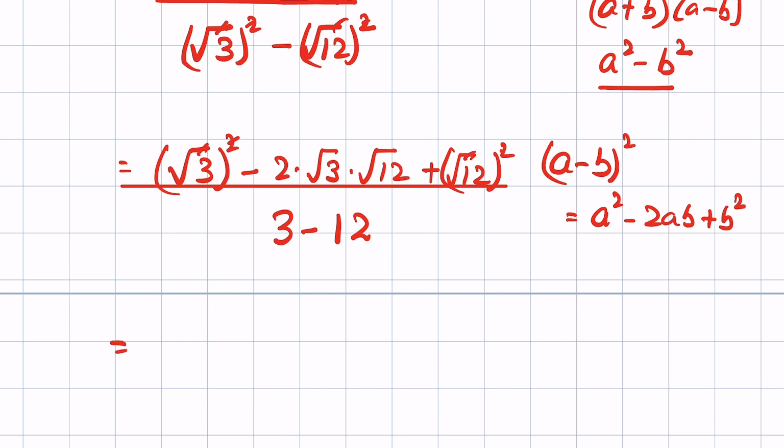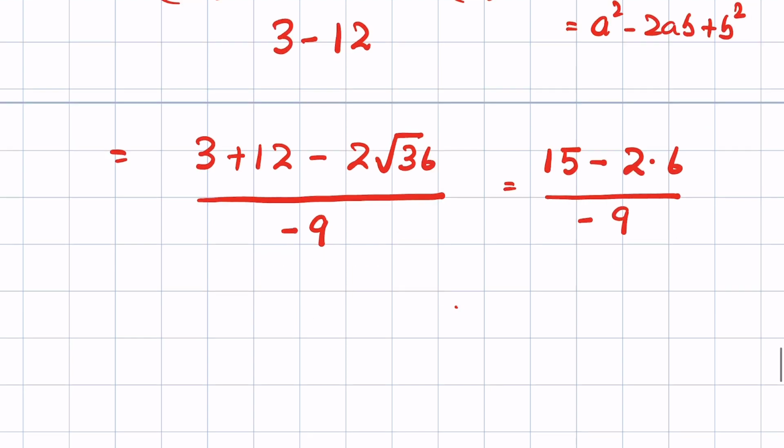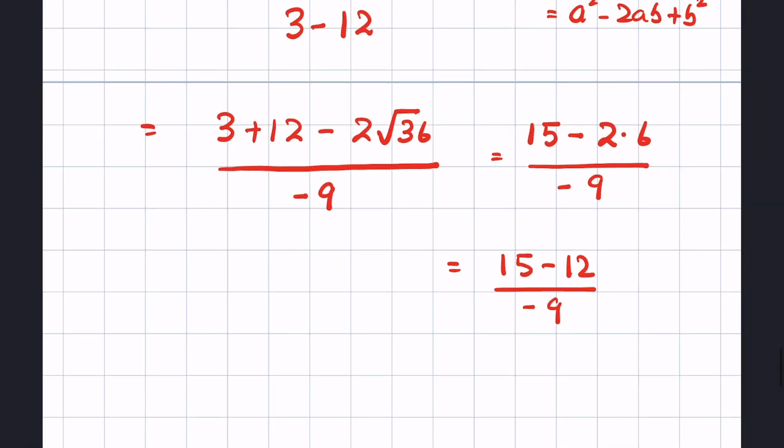In the numerator also you can remove the square root with the square, so it will be 3 plus 12 minus 2 times square root of 36 upon 3 minus 12 is minus 9. 3 plus 12 is 15 minus 2, square root of 36 is 6, so upon minus 9, or 15 minus 6 times 2 is 12 upon minus 9.